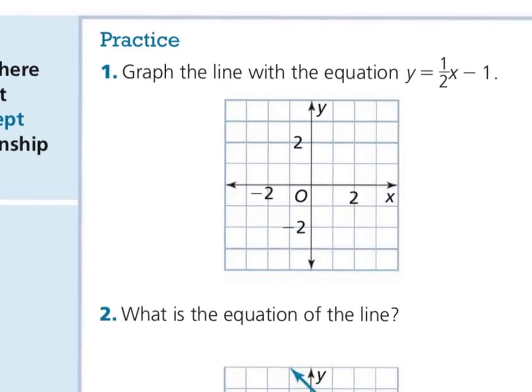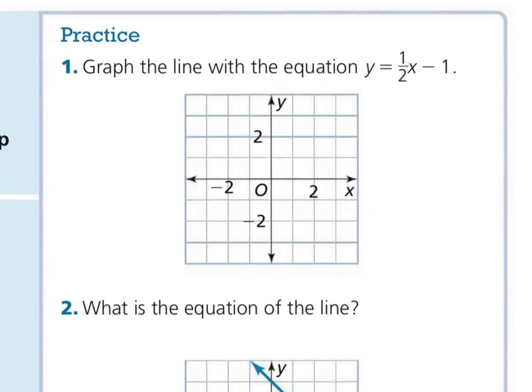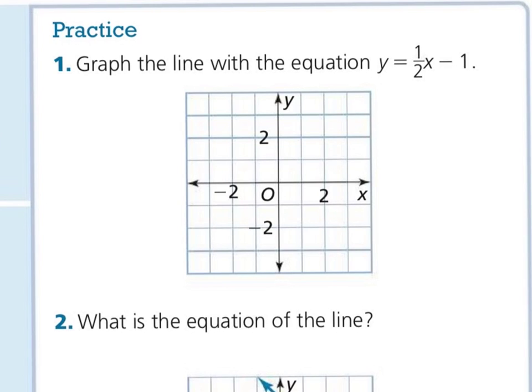If you look at the practice, they've given you an equation and they want you to graph the line. First thing, before you do that, you may want to add the opposite here. From our equation, remember it's like y equals mx plus b. M is our slope, b is our y-intercept. We know -1 is our y-intercept, so we can graph that point. Then our slope is 1/2.